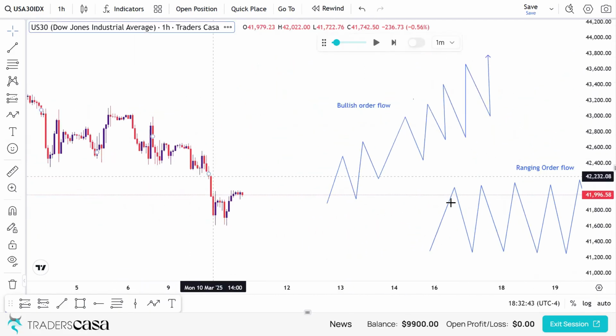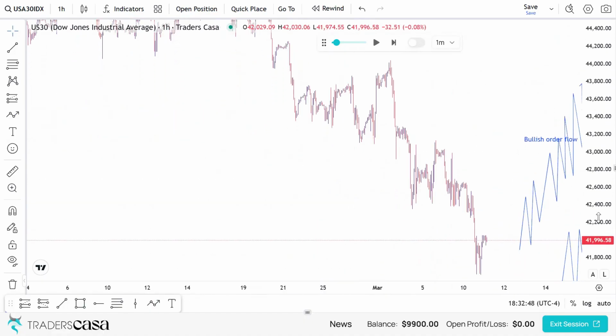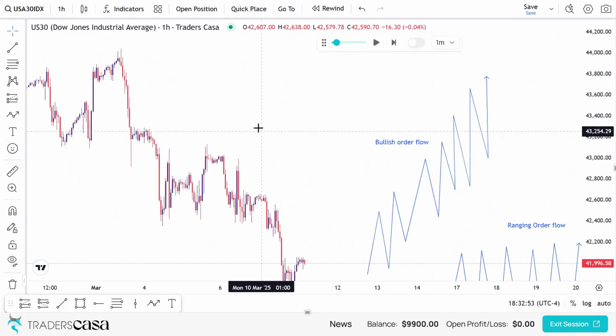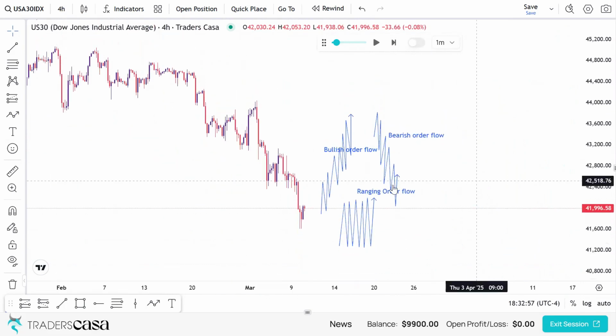So that's just it. As you can see from this current chart now, the market is on a bearish order flow. Let me quickly go to 4 hours. All right.